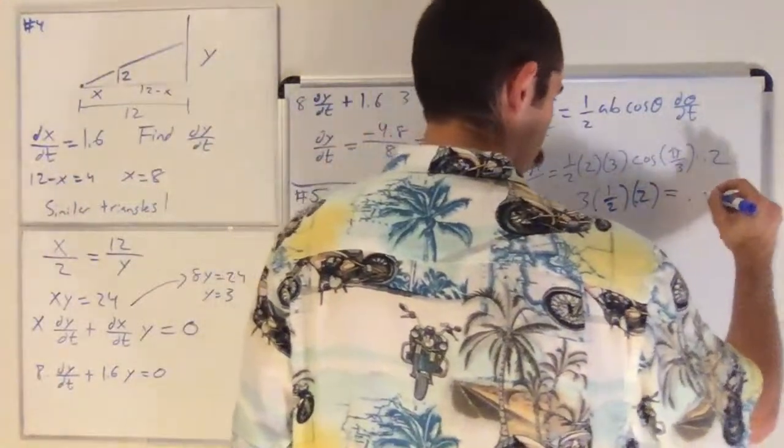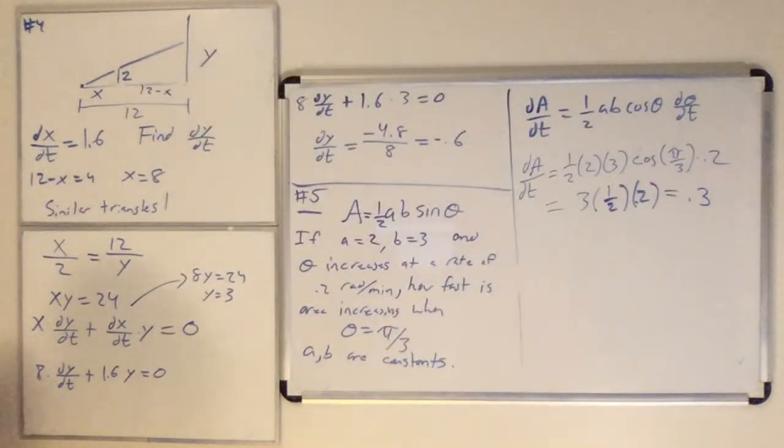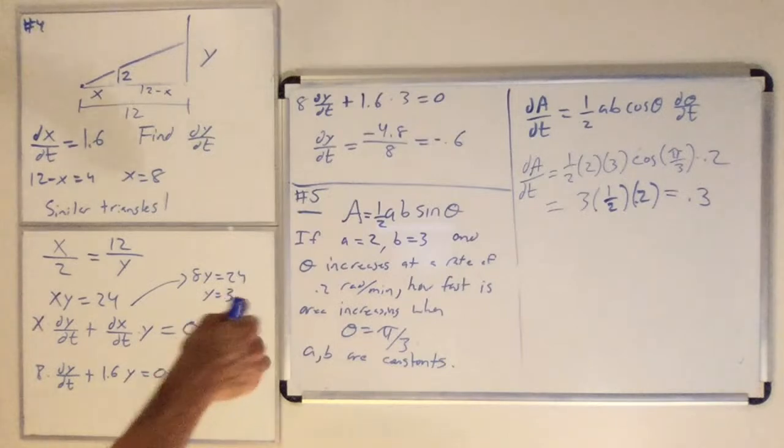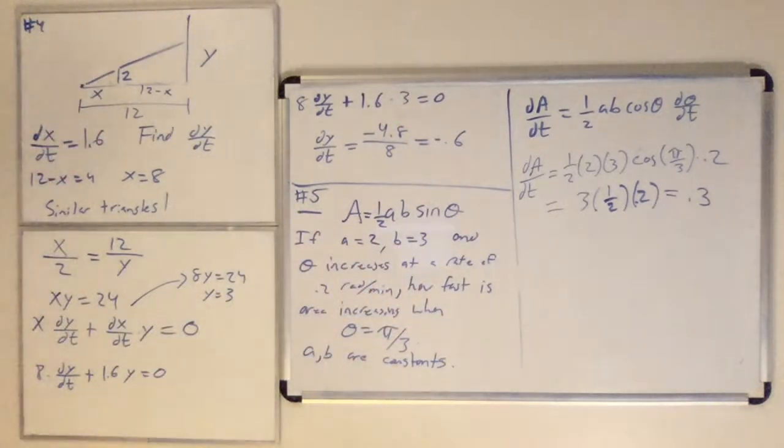And so the area of the triangle is increasing at a rate of 0.3 units of length squared per minute.